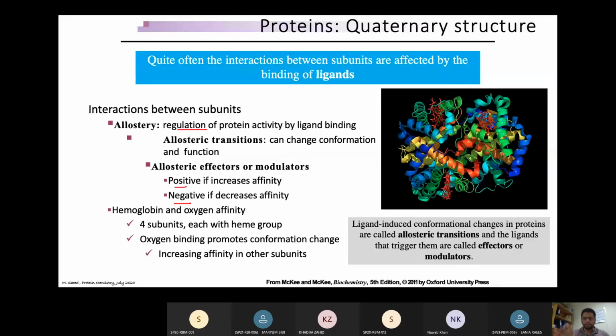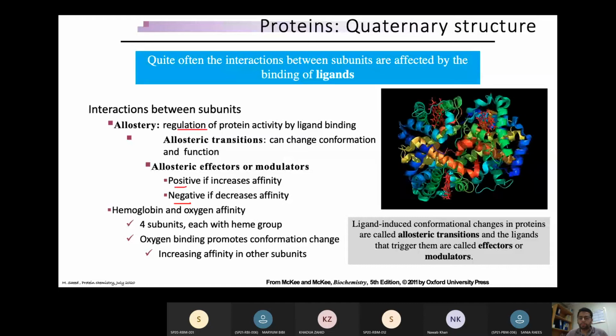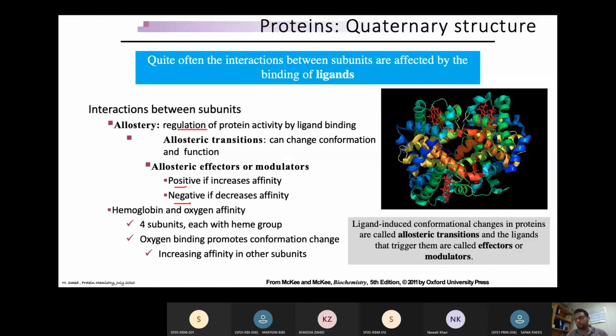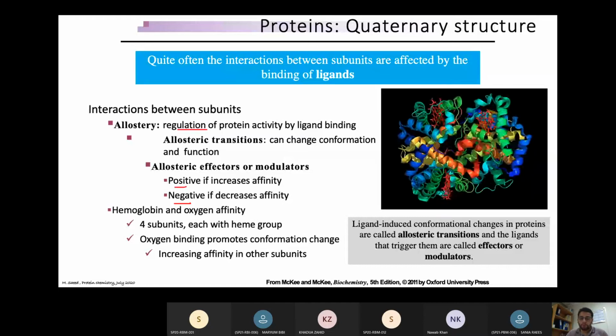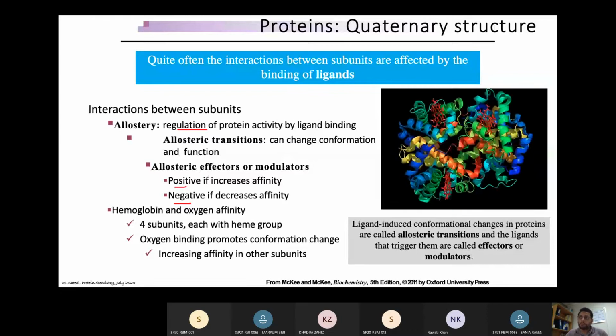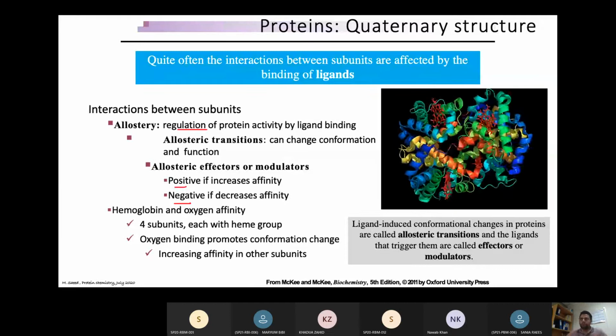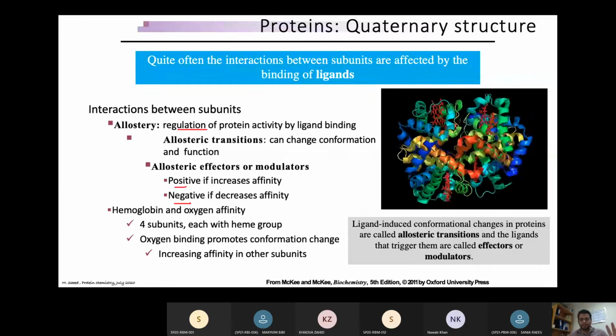So the examples are numerous. We are going to discuss in detail the hemoglobin protein and its oxygen affinity. We know that the hemoglobin is made up of four polypeptide chains, and these are called alpha and beta subunits, and each subunit is a fully folded three-dimensional structure.